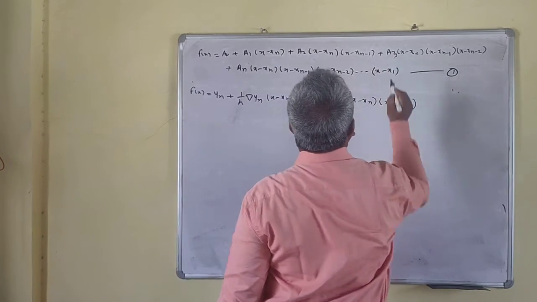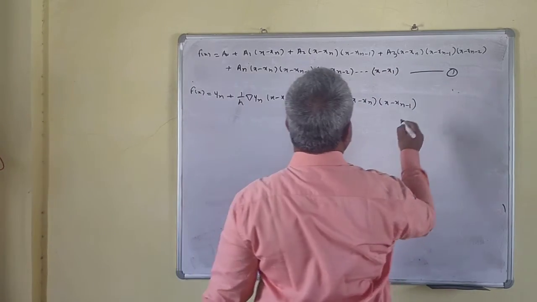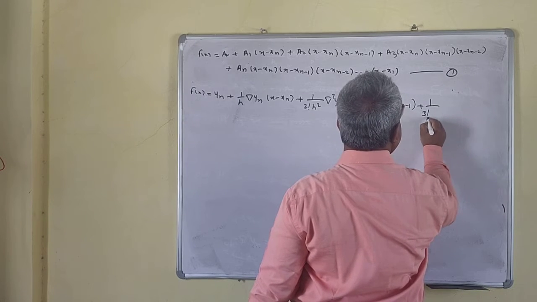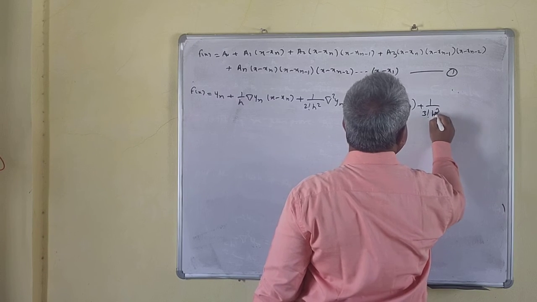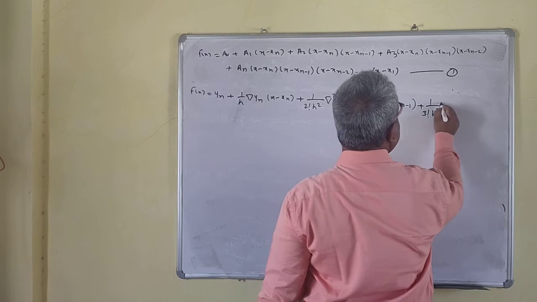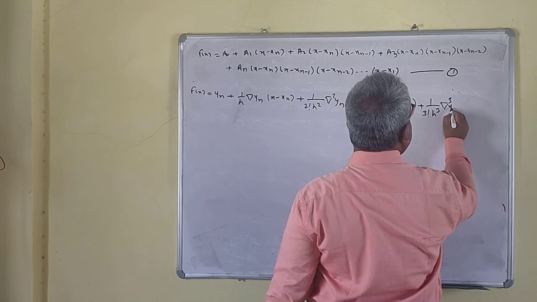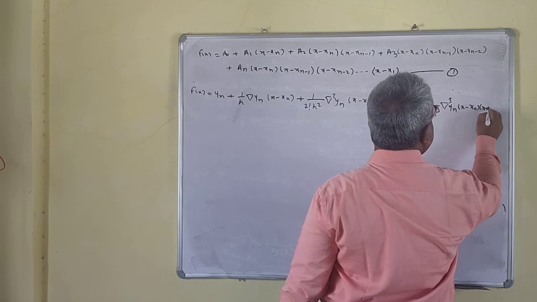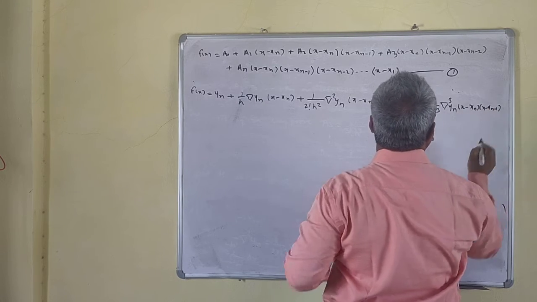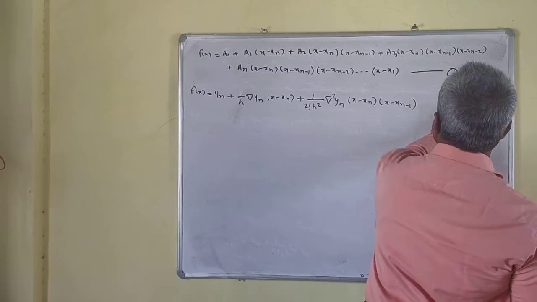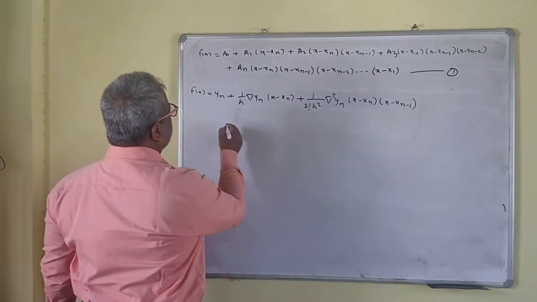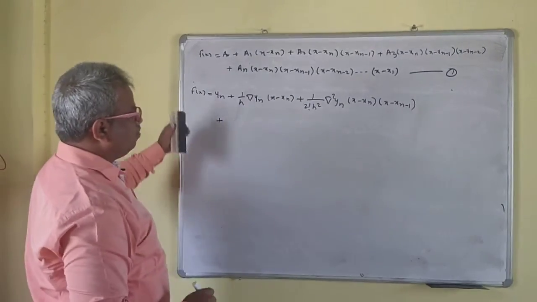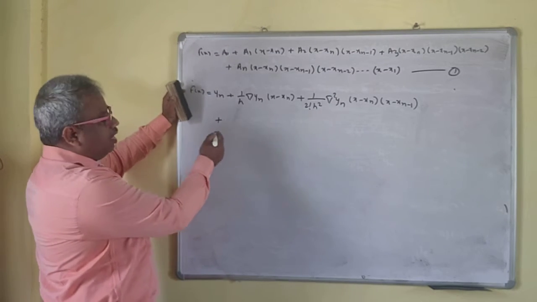This is a3 now. This is a3 plus 1 upon 3 factorial h cube, third backward at yn, times (x minus xn)(x minus xn minus 1). I will write up to this, because I don't have enough space, so I take the plus sign and write this.